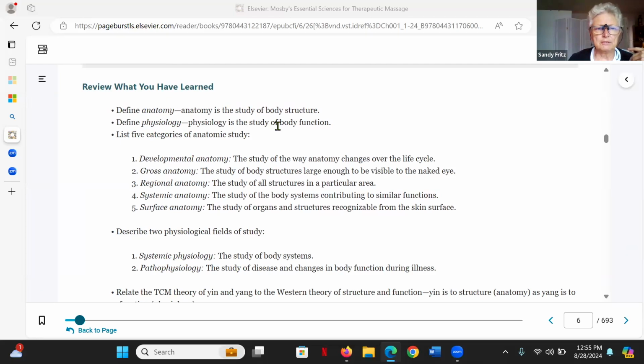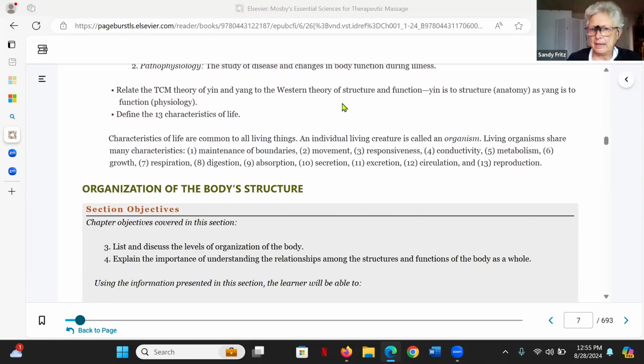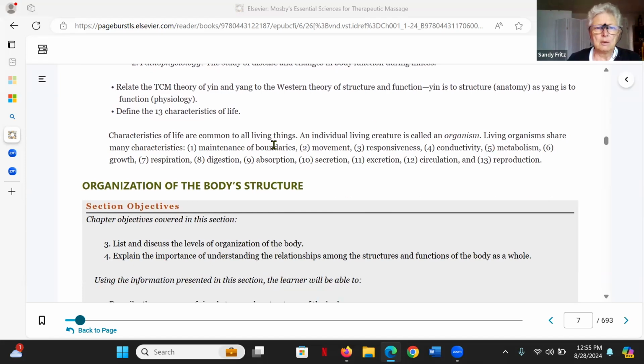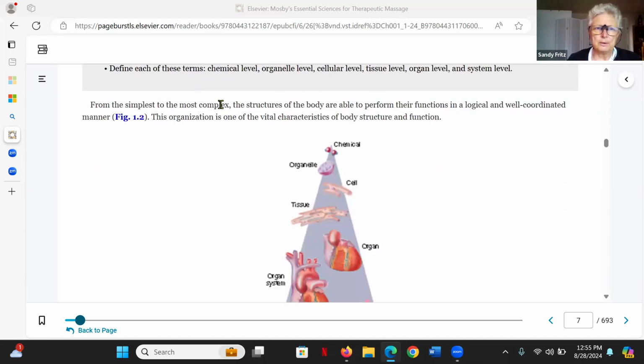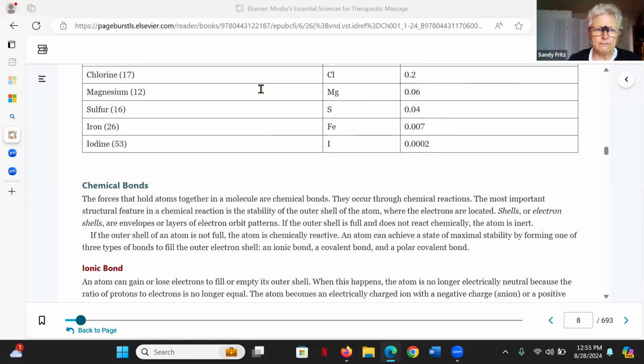So here's your little review, what you have learned. And this is nice to come back to once in a while, to just keep this content fresh in your mind. Now we're going to get into a quick overview of the body structure. This pretty much speaks for itself.